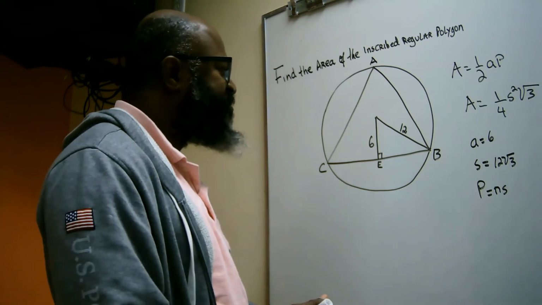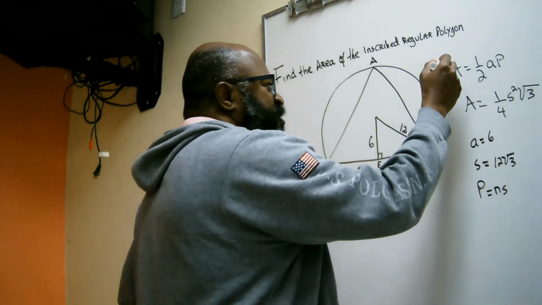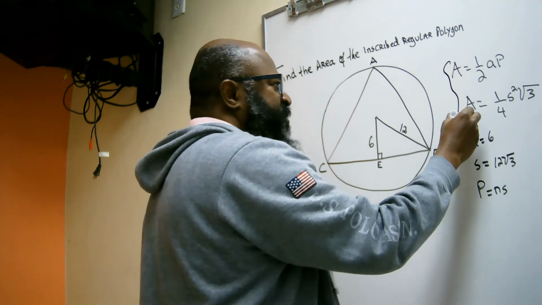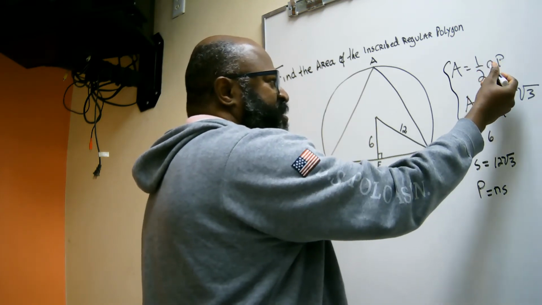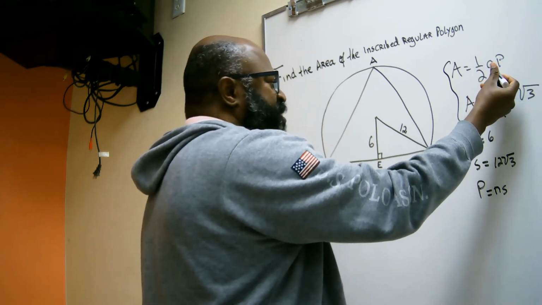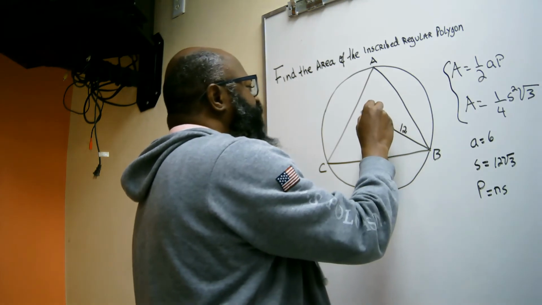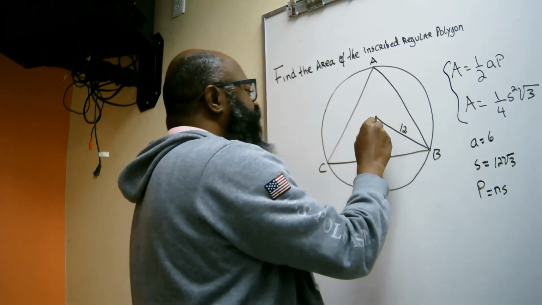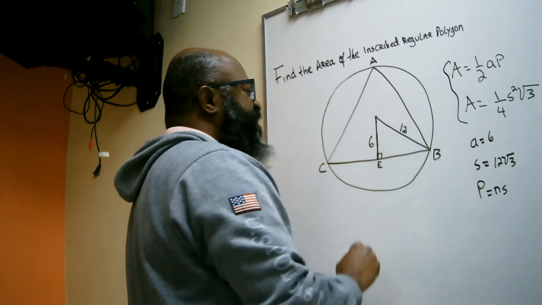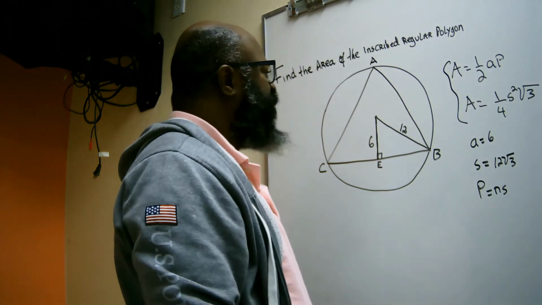So we have an option. We can either use this formula, which is 1/2 AP. Remember, A is the apothem, you draw it always from the center of the triangle and perpendicular to the base. It's a perpendicular bisector.